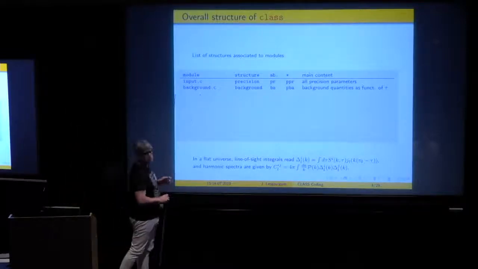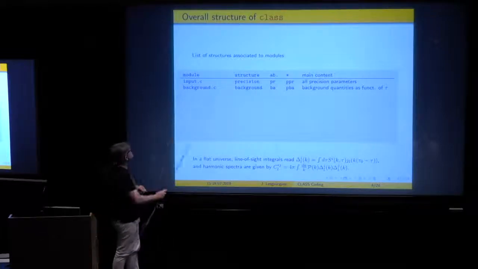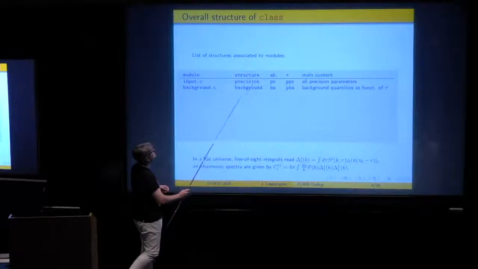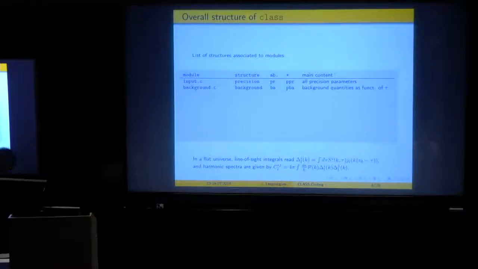But there is another structure which is very useful and which is also alone. This special structure is a precision structure. It contains all the precision parameters. And it's part of our coding chart to group all precision parameters in the same place.